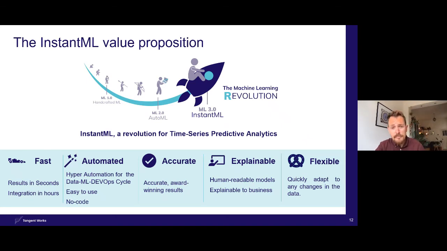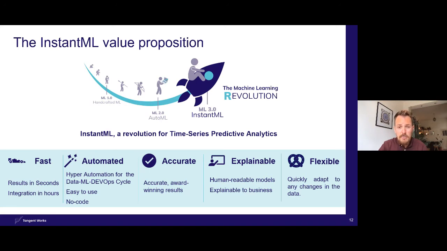Mentioned here on the bottom, we found a way to automate much more of that process. Not only the decision on which algorithm to use, but we also found a way to automate the feature engineering, the model tuning, and the training and all of that. And that's super unique.